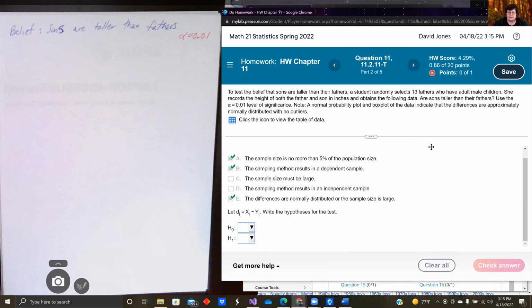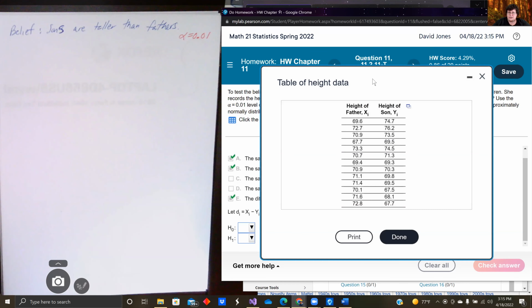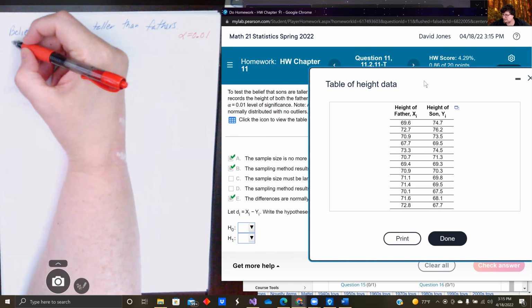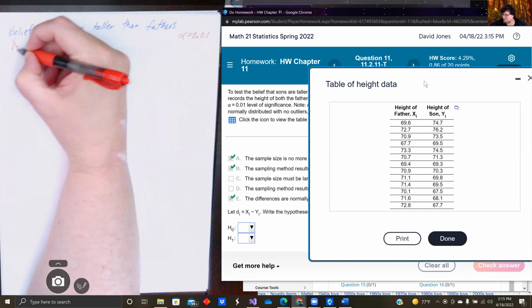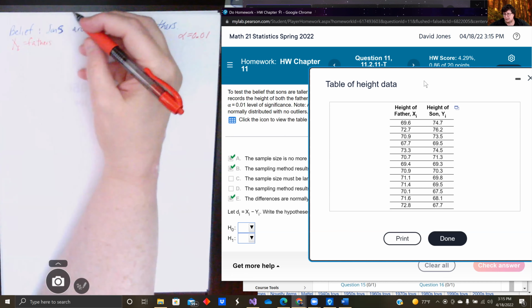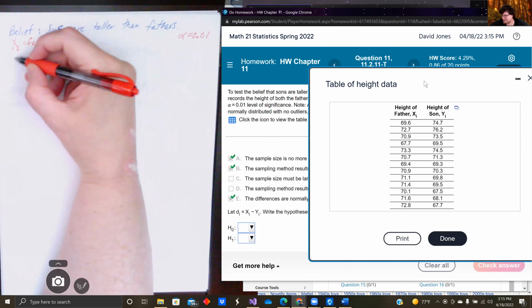It says, let D sub i equal X sub i minus Y sub i. I need to know what the data is here. So X sub i is fathers, and Y sub i is sons.